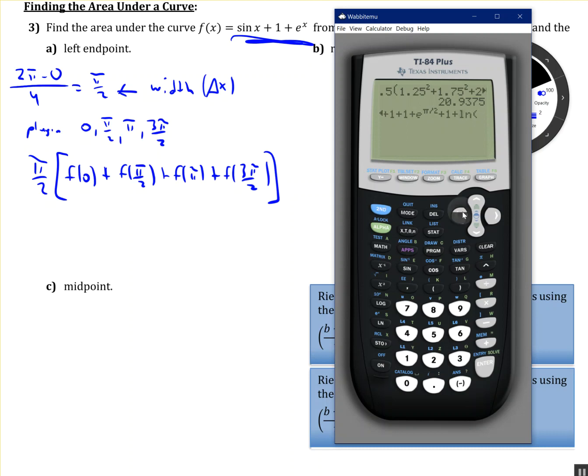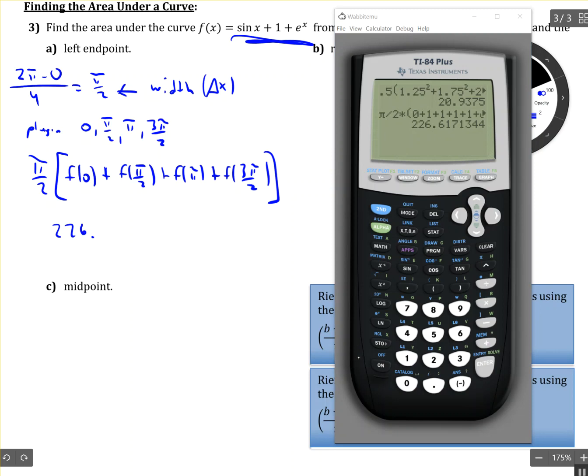And then plus sine of 3 pi over 2, which is negative 1, so plus negative 1 plus 1 plus e to the 3 pi over 2.